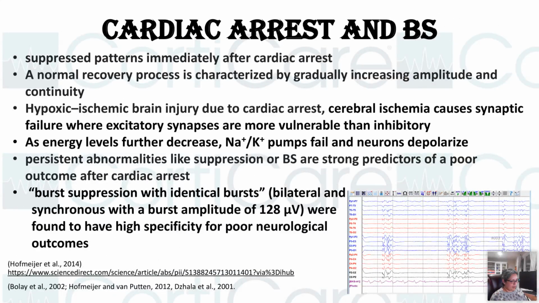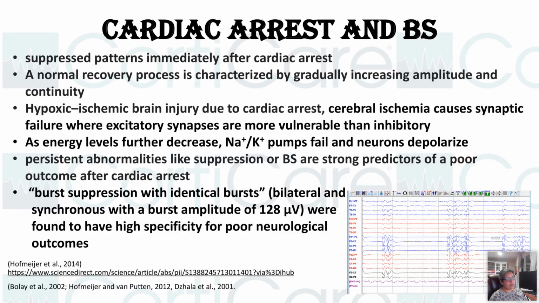What about burst suppression in cardiac arrest? We know that with cardiac arrest, there is low oxygen to the brain. Immediately after cardiac arrest, the patterns will look suppressed.